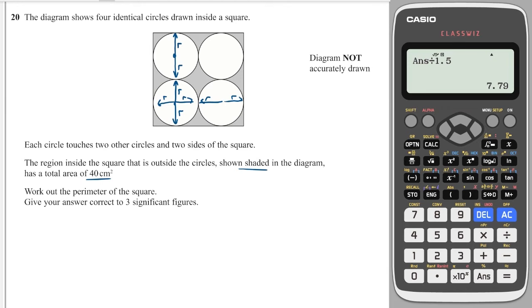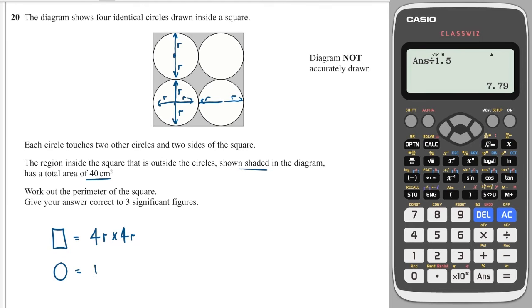So what is the area of the square? Well, 4r is the height and 4r is the width, so it'll be 4r times 4r. And what is the area of each of these circles?